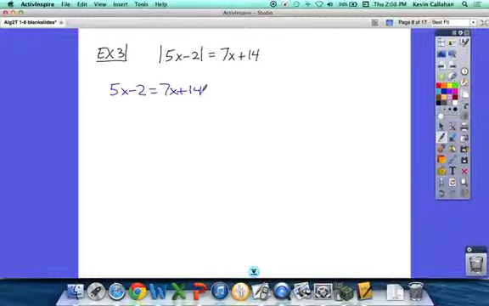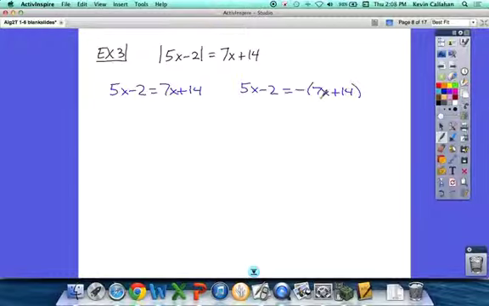And the other equation will be 5x minus 2 equals negative 7x plus 14. So we're setting it equal to that, just like it is, and then the same thing with a negative in front. If that was a number, it'd be like 5 and negative 5.